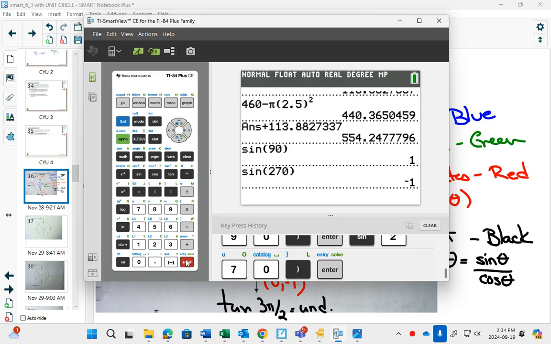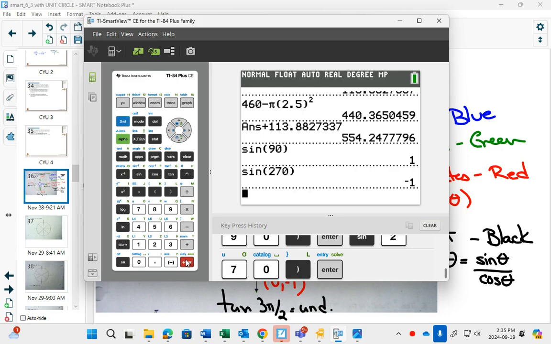But even 90 is really problematic, because one of the angles in a right angle triangle is 90 degrees, and now you need the other angle to be 90 degrees. What is the other angle going to be if one's 90 and one's 90?